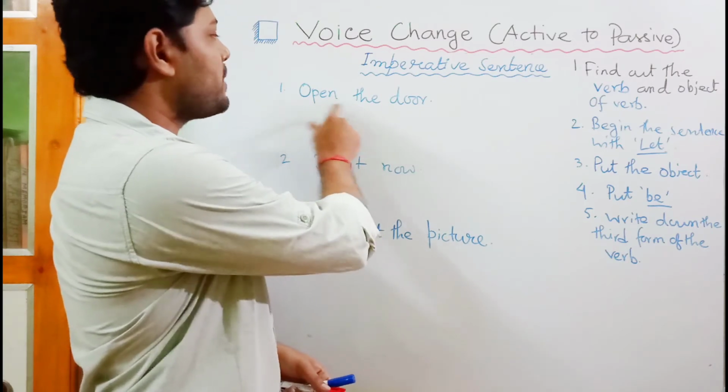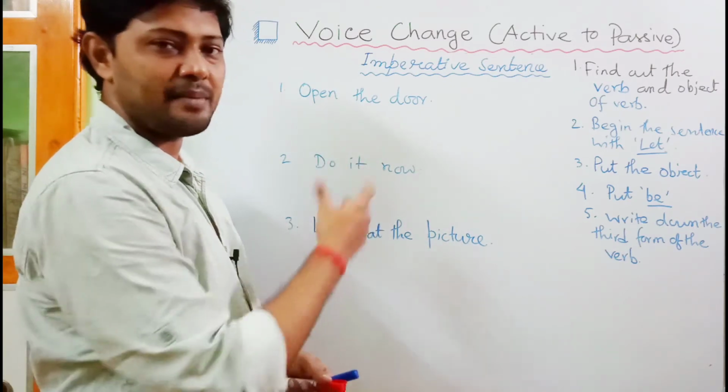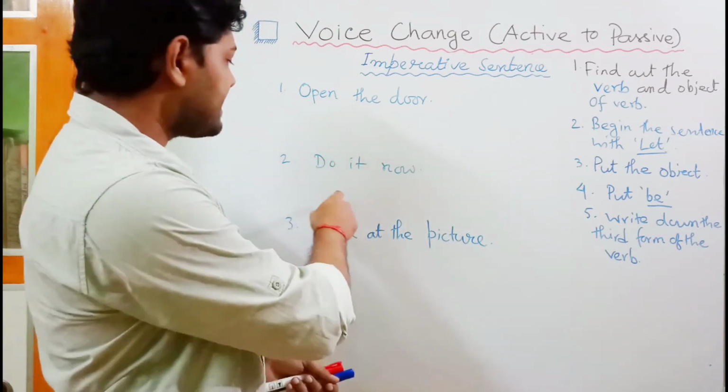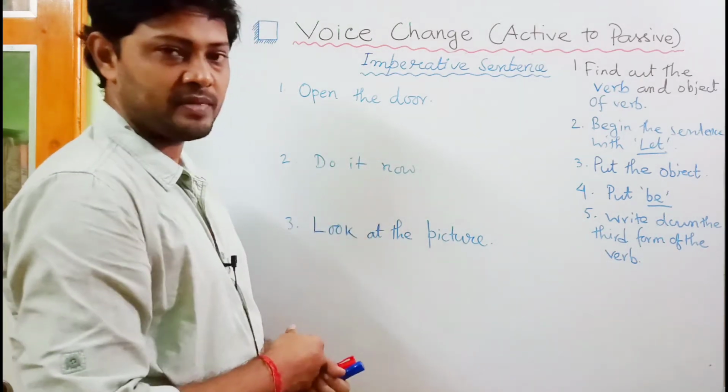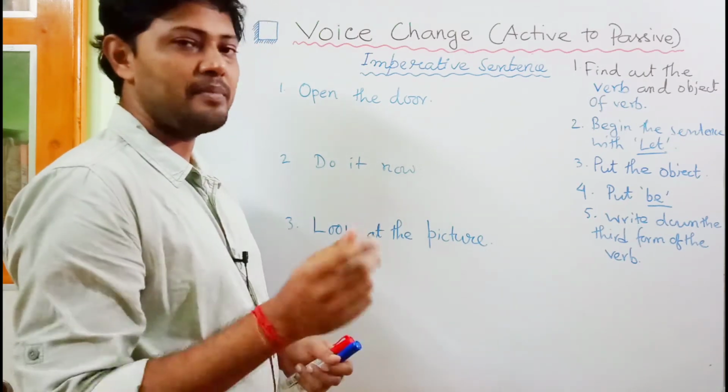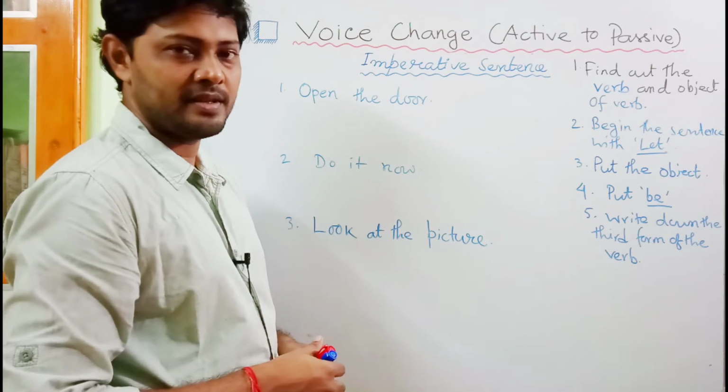In this sentence, open the door, the subject is not mentioned. Who will open the door is not mentioned here. In the next sentence also, do it now, the same case. In this sentence, look at the picture, the subject is not mentioned here.